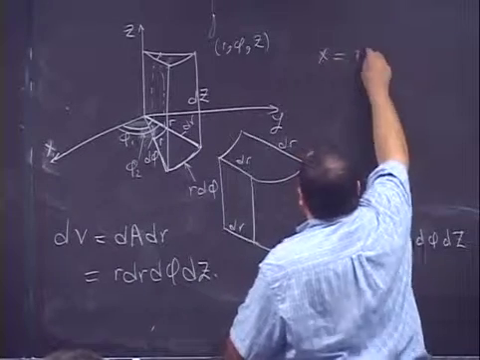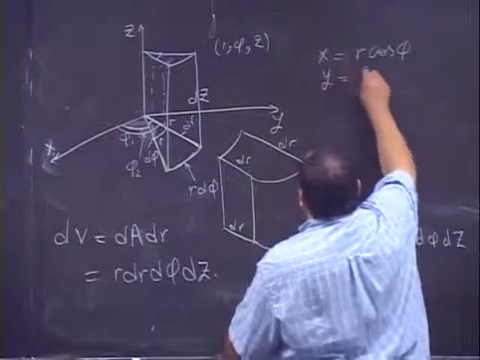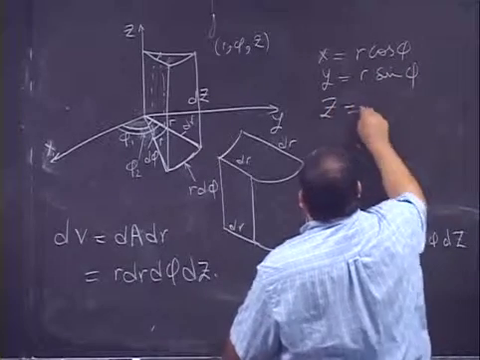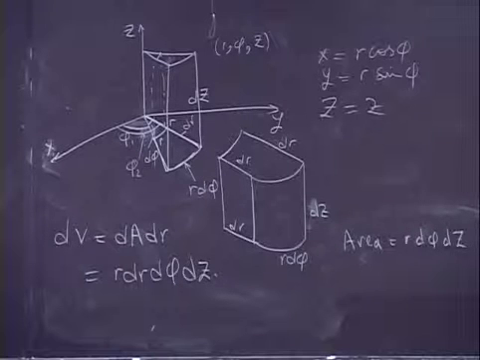It's r cosine phi. And what's y? R sine what? Phi. And what's z? Z. So those are the relations between the Cartesian and the cylindrical geometry.